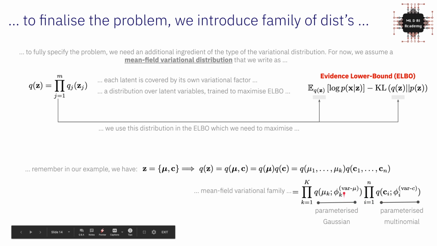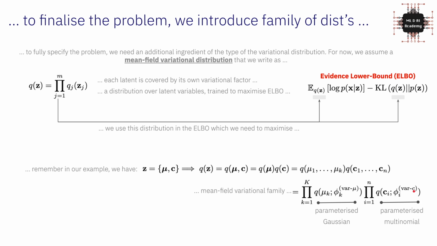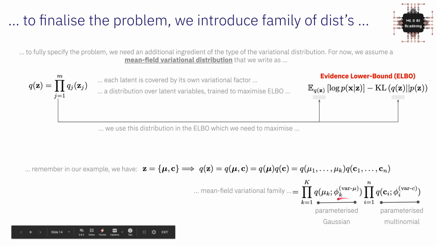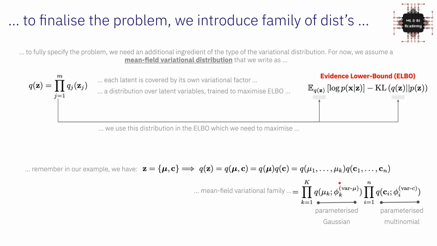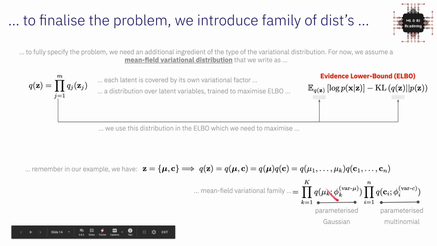As we said, phi k var mu and phi i var c are unknown parameters which we will train. So for example, we will say there's a Gaussian that has a mean parameterized by this phi that will generate for me this data. So I'm going to try to maximize my ELBO in order to find the best phi that regenerates my data. Great, so this is where we've reached now.